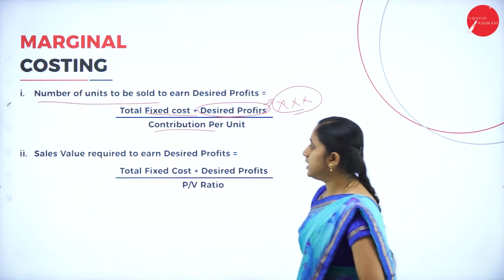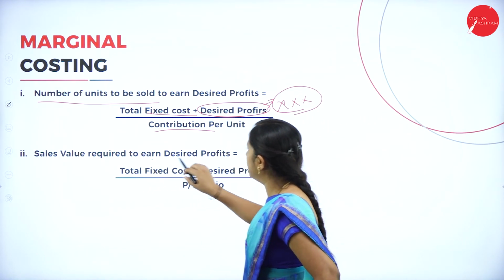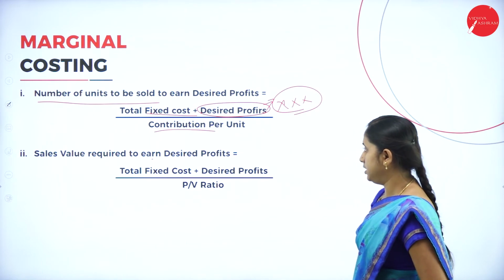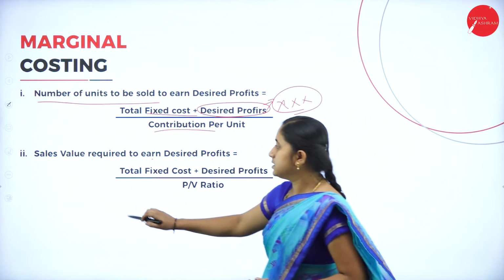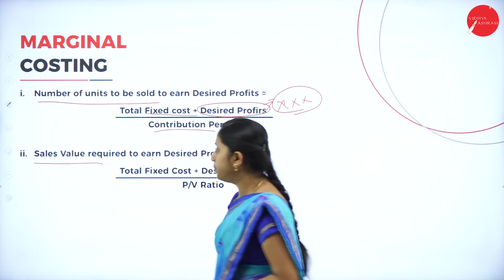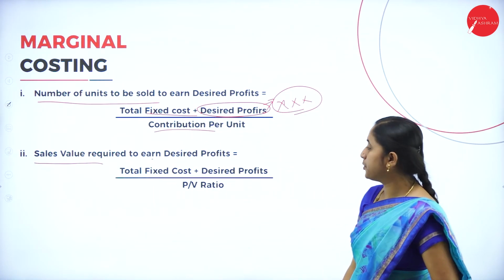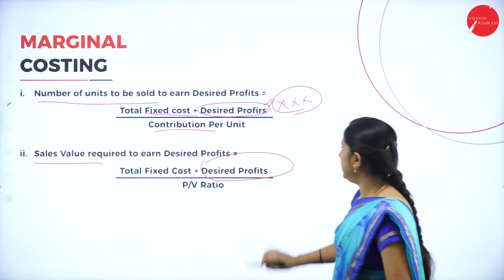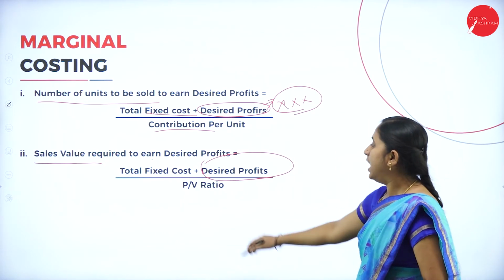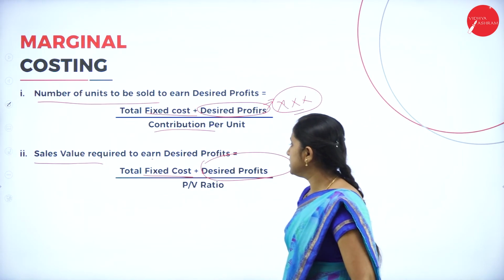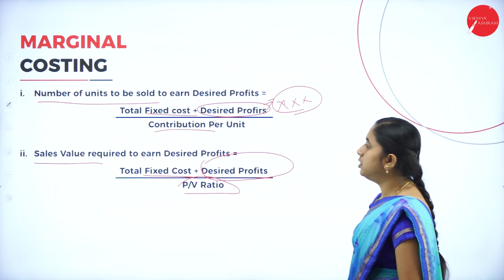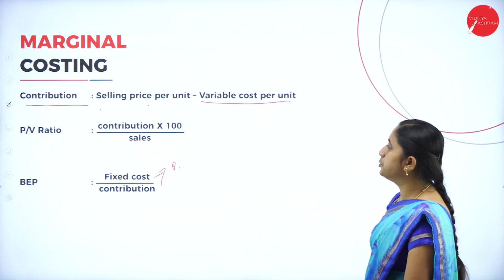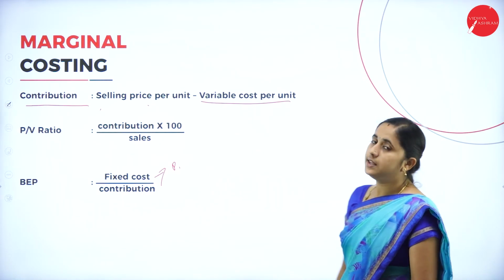Next, the sales value required to earn desired profit. Here, previously we calculated the number of units to be sold. In this, the sales value, or selling price, to earn desired profit. Again the desired profit is given in the question, and fixed cost remains the same. Then PV ratio. PV ratio is equal to contribution into 100 divided by sales.